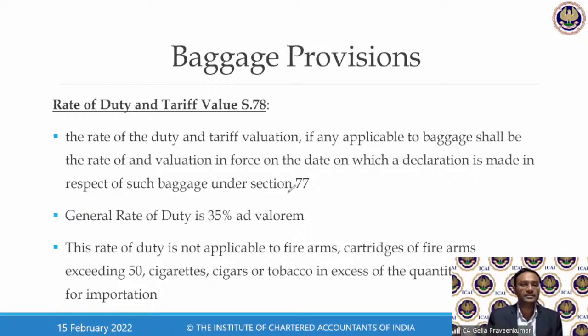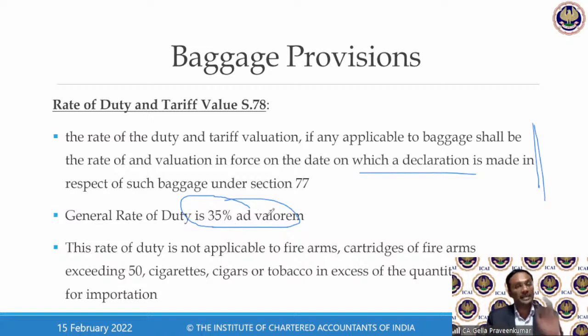Now, they say, sir, I have understood the importance of making a declaration. Rate of duty is 35% ad valorem on baggage. Examination, if there is a problem on baggage, if you are not clear with this addition and deduction, please remember this 35%. They will give some value of goods imported. They will say that out of this value, this much of value is not permitted.